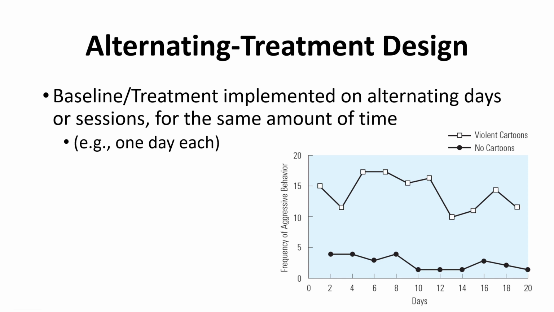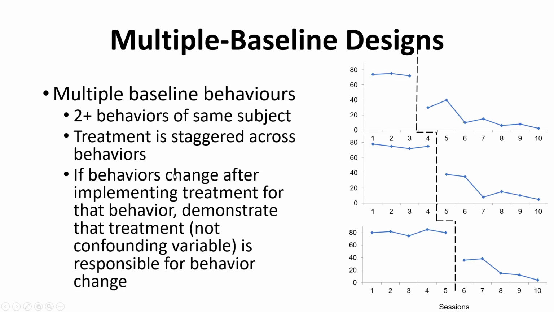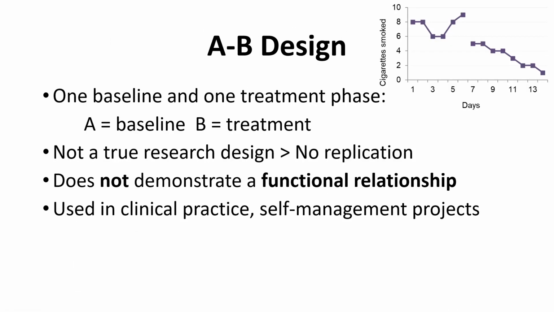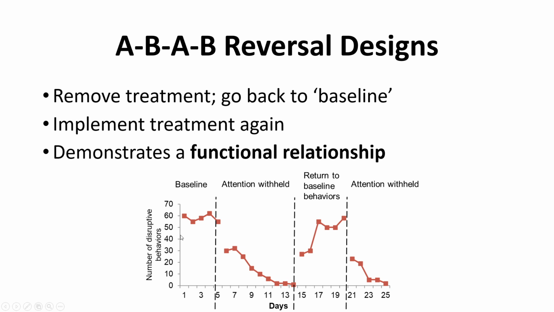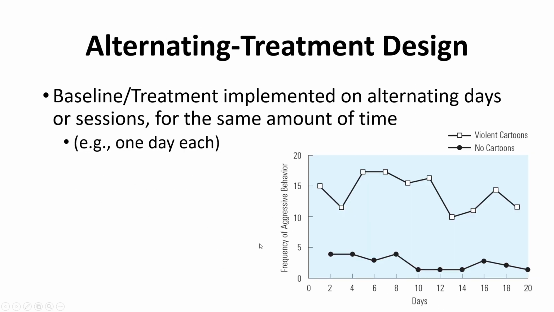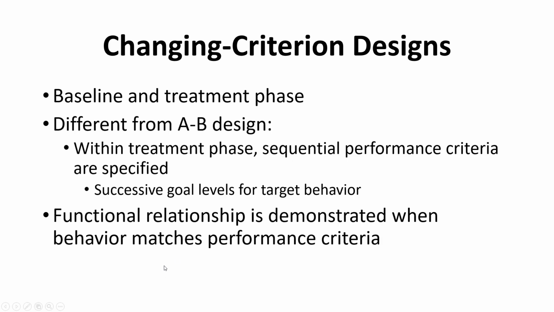It doesn't have to be just daily, but they're meant to match each other. So unlike in our ABs, if I go back here, where our baseline and our treatment might be differing lengths, we can tell that apart from alternating treatment because here they're specifying that they have to be the same length or the same duration. So similar but not identical.